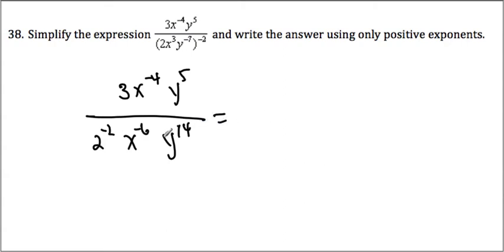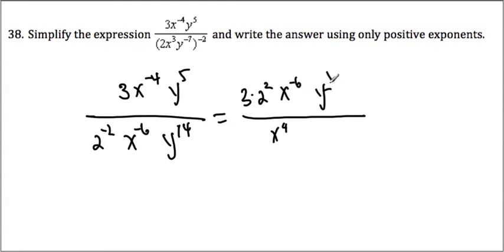Now, by moving things around, we get here 3 times 2 squared. x to the negative 4th has to go down, so we have x to the 4th, but x to the positive 6th has come up, and here y to the 5th over y to the 14th.